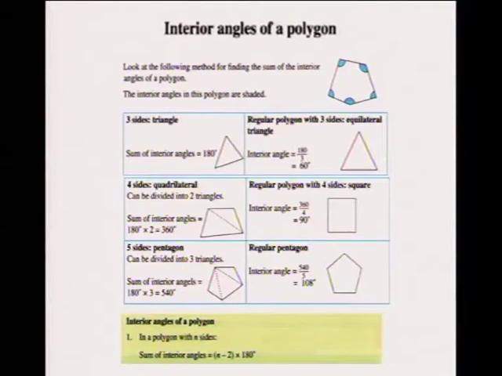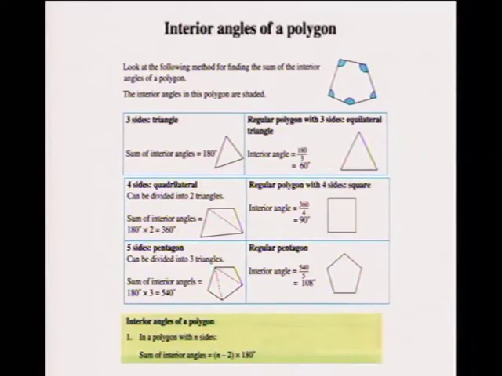We can see that when we have a quadrilateral, we can divide it into 2 triangles. So the sum of the interior angles will be 180 degrees times 2, which is 360 degrees. And each angle in a regular polygon will be 90 degrees. If there are 5 sides of the pentagon, they can draw the lines and they will see it is 3 triangles. So 180 times 3.